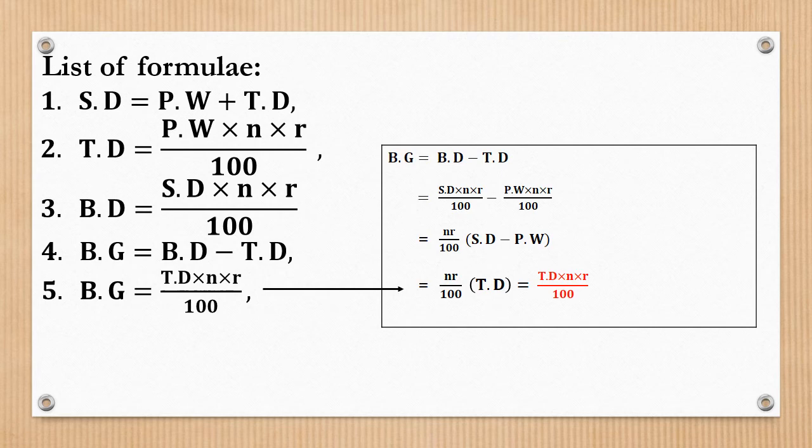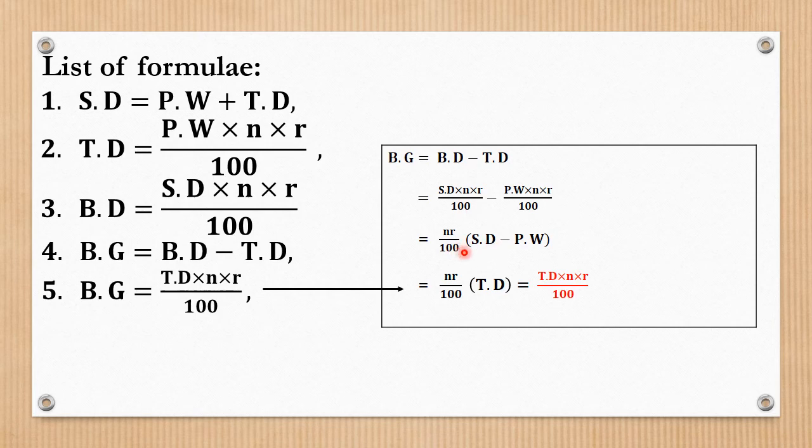Banker's gain is equal to BD minus TD, that is banker's discount minus true discount, which is equal to, by the banker's discount formula we know here, SD into NR upon 100, minus, by the true discount formula, PW into NR upon 100. NR upon 100 is common in both the terms.